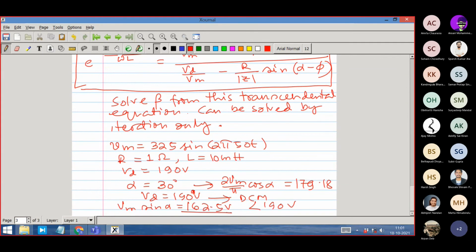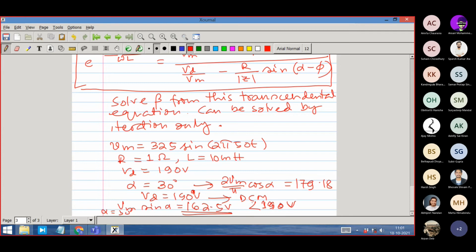So the instantaneous voltage is such that the thyristors TH1 and TH4 cannot conduct, because the sinusoidal voltage at alpha equal to 30 degree is 162.5 volts, which is less than 190 volts.